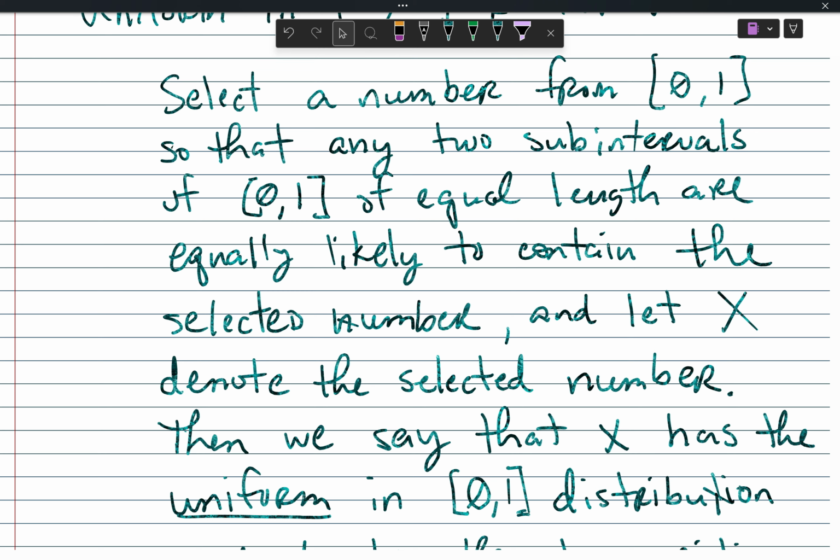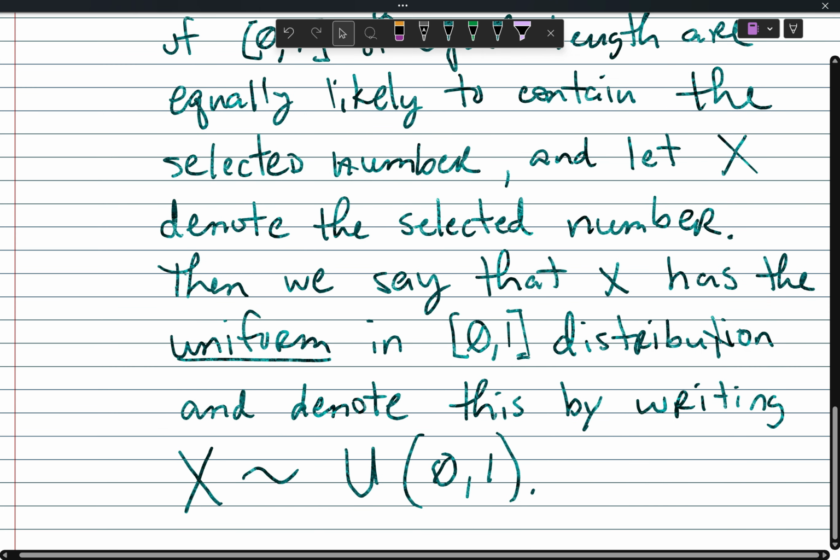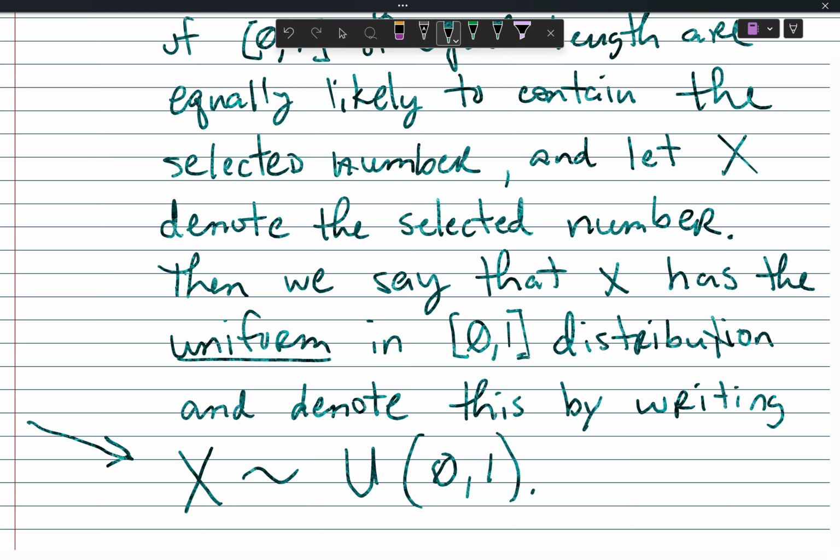Then we say that X has the uniform in the interval 0 to 1 distribution, and denote this by writing what we have as such.